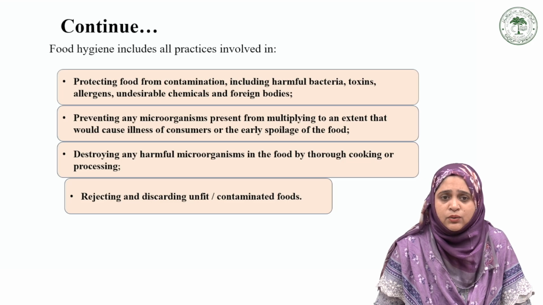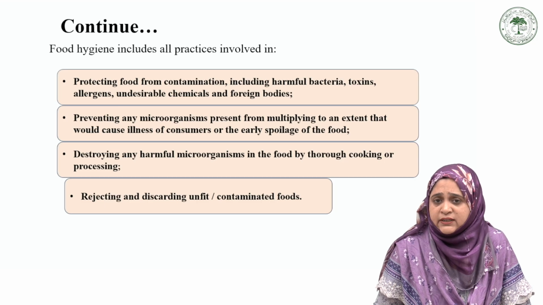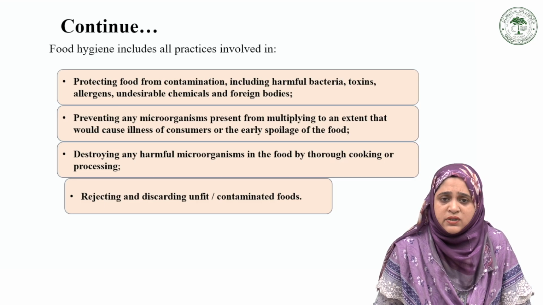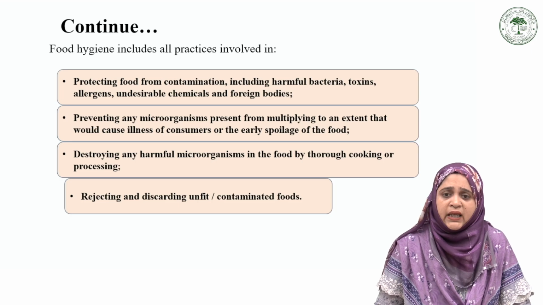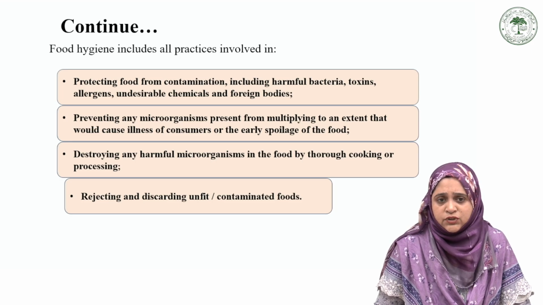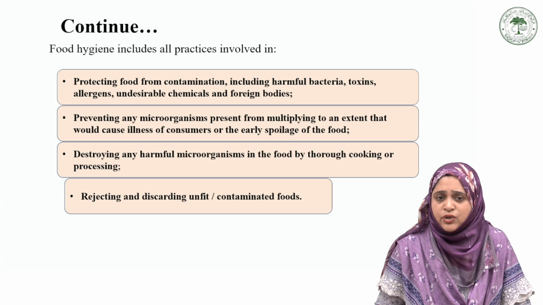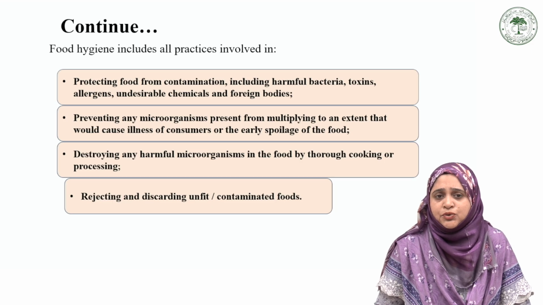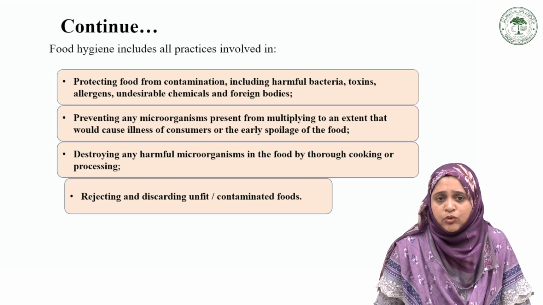It also includes preventing any microorganisms present from multiplying to an extent that would cause illness to the consumer or early spoilage of the food. Destroying any harmful microorganisms in the food through thorough cooking or processing is also important, rather than rejecting and discarding unfit or contaminated foods. All these are the practices that should be involved when we talk about food hygiene.